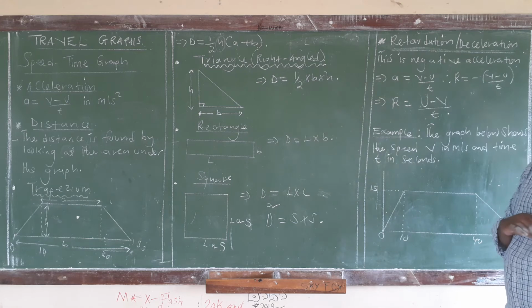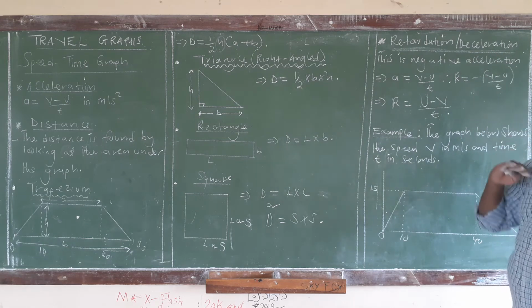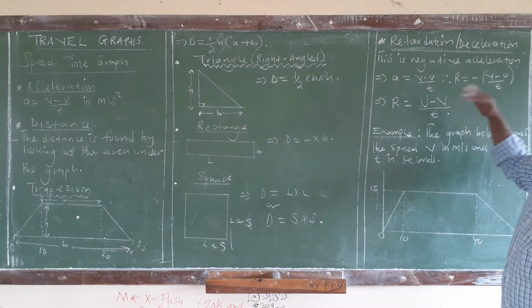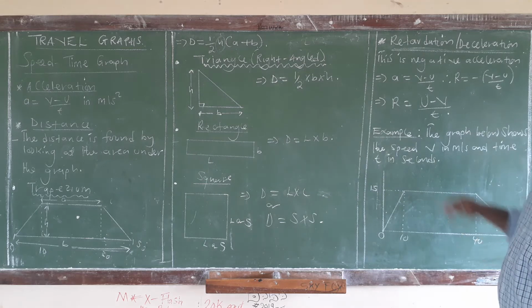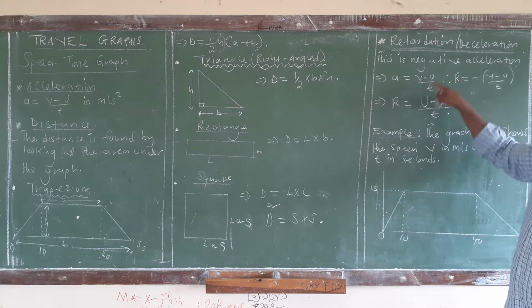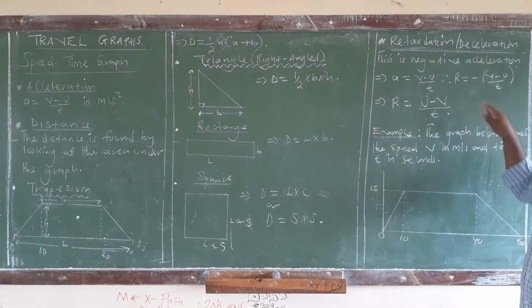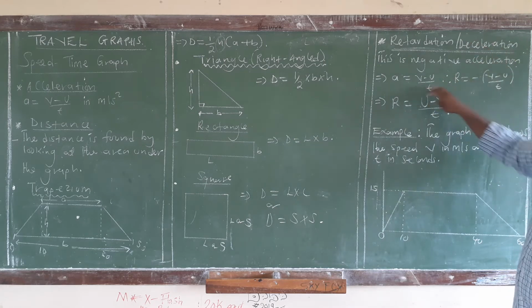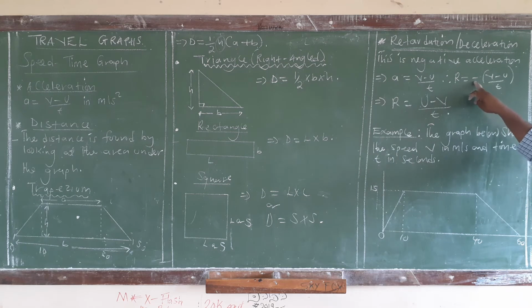Now, for retardation or deceleration, it is a negative acceleration. We have said that acceleration is v minus u over t. But now, retardation is the negative only. When you introduce a negative and factor it in, this one becomes negative and this becomes positive.